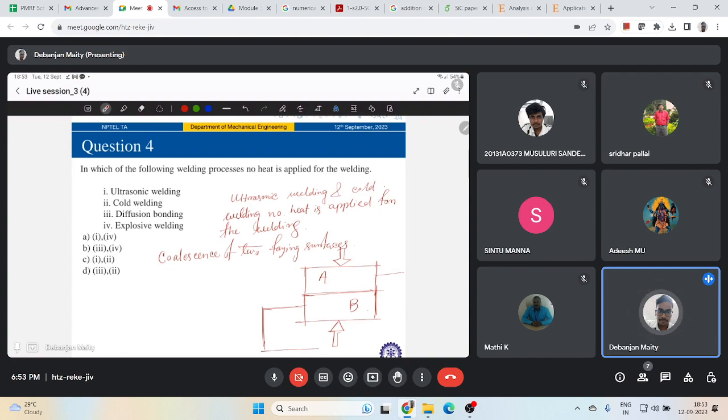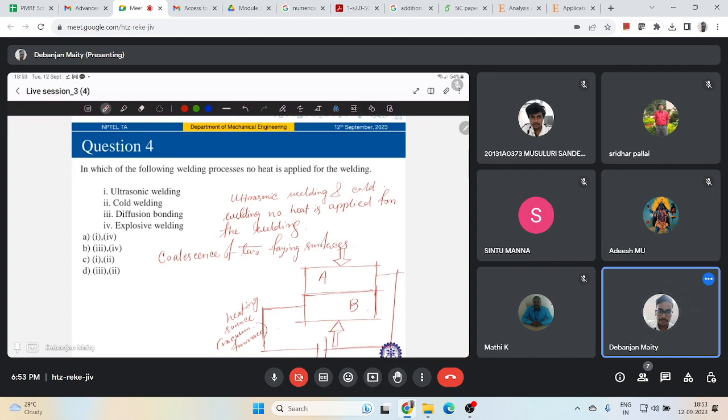This is generally done in a vacuum furnace, so you have a heating source, correct?